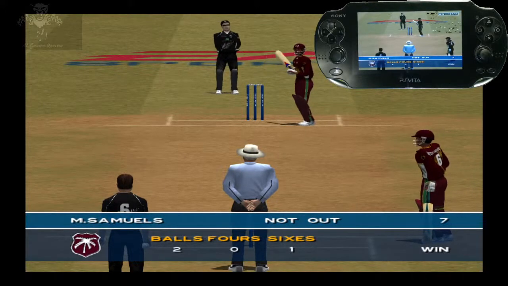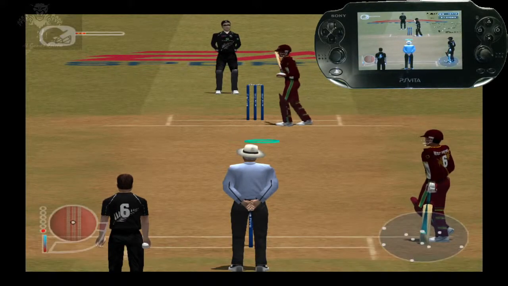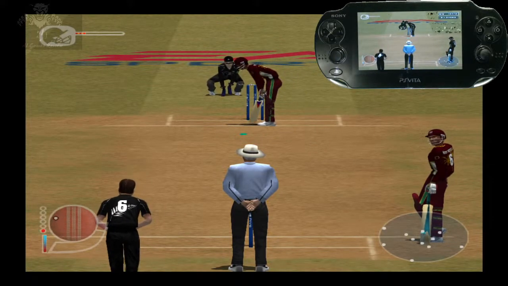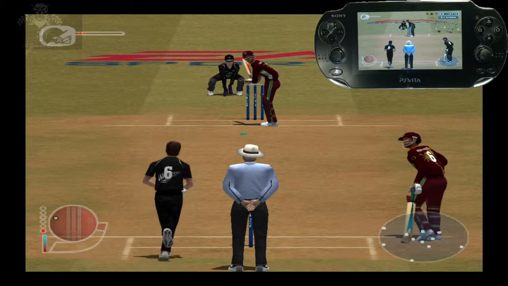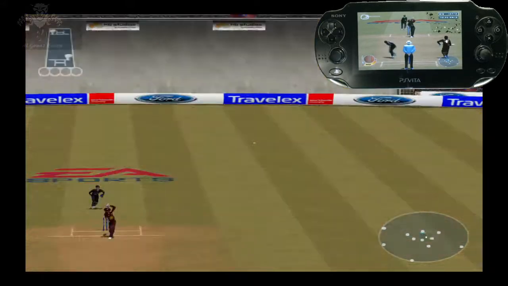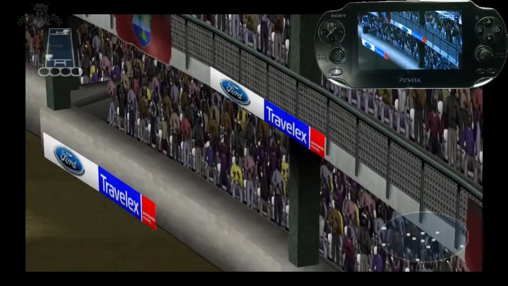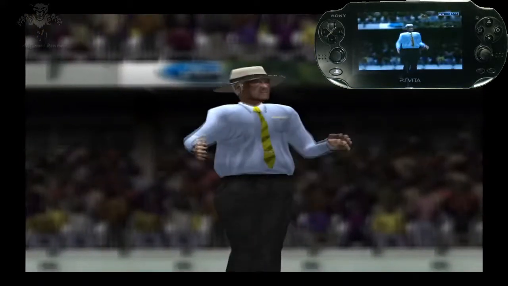Harris to Samuels. That's over the rope. 6 runs off. That takes it to double figures. He hardly seemed to hit it, but it's gone for 6.